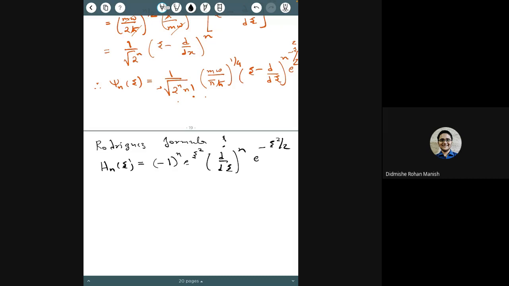When you apply that over here, you will be able to generate a Hermite polynomial from this wave function. So it's still not perfect. Here you have xi minus d by d xi, and there you have just d by d xi. But you have to work it out with certain more relations of the Hermite polynomials.